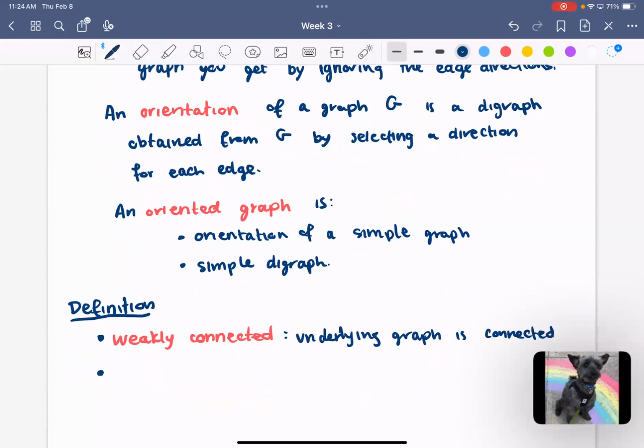And we'll say that it's strongly connected if every ordered pair of vertices has a directed path from one vertex to the other.